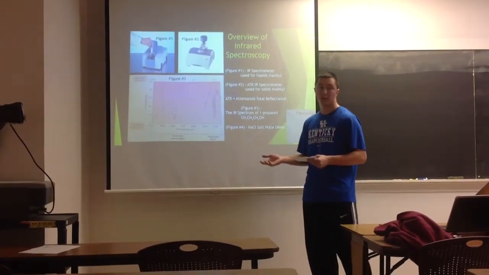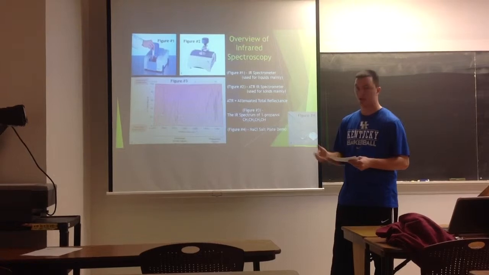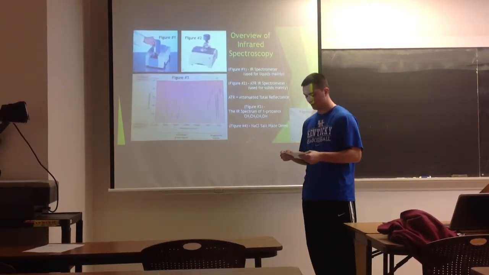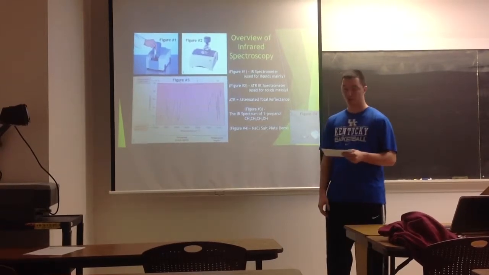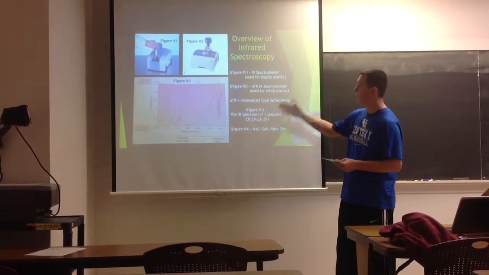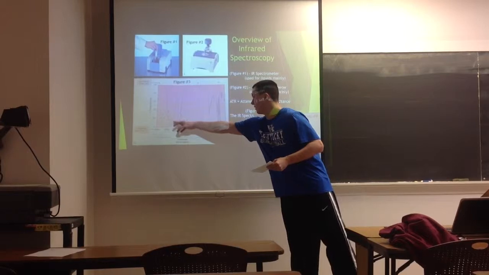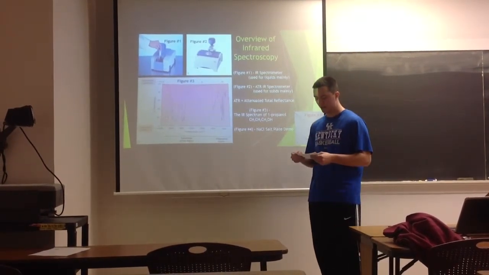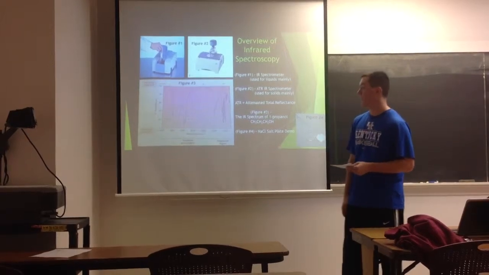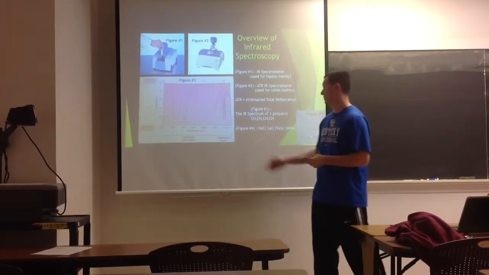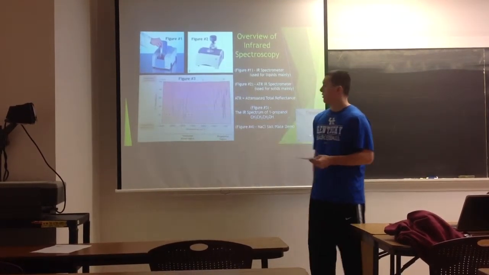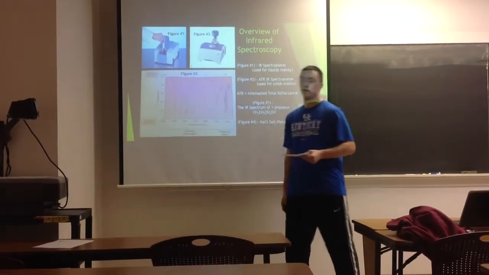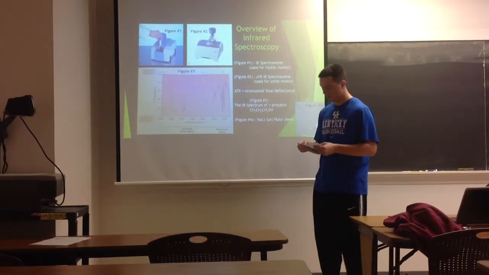If the frequency of that incident radiation matches the specific vibrational frequency of the bond, it is excited to a higher vibrational state, and the amplitude of that vibration will increase, like these two right here, and that's where you get your major peaks. Structurally different molecules will not absorb at the same energy. So, for instance, if another molecule didn't have that OH bond, this absorption right here will not be present, and you will know that it doesn't contain an alcohol.